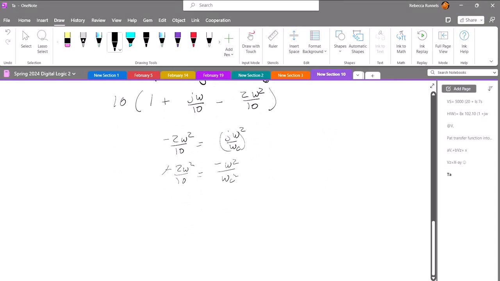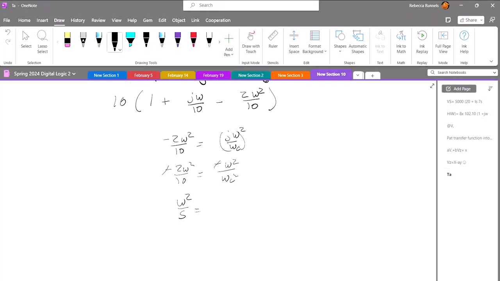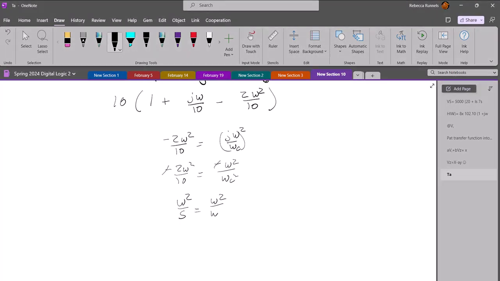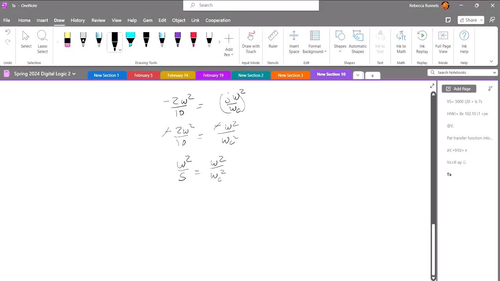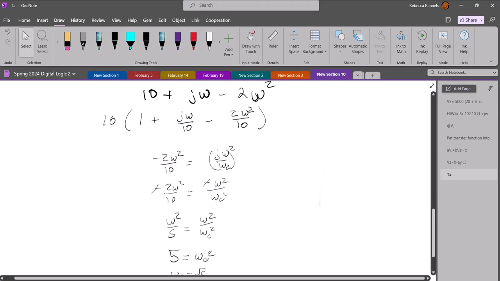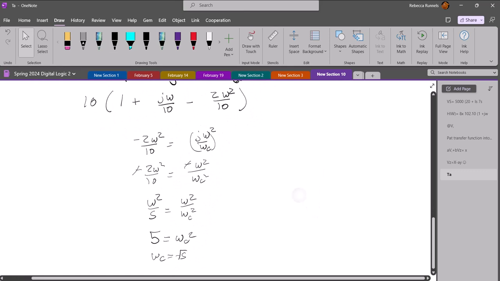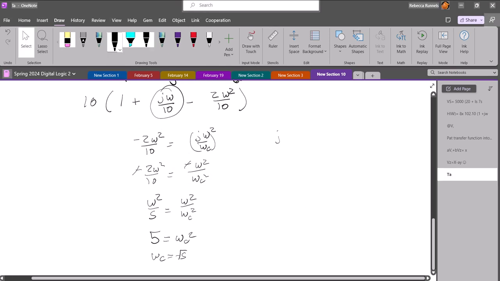So the minuses cancel. I could reduce this, omega squared over 5 equals omega squared over omega c squared. And then from that I can see that 5 equals omega c squared, or omega c equals the square root of 5.